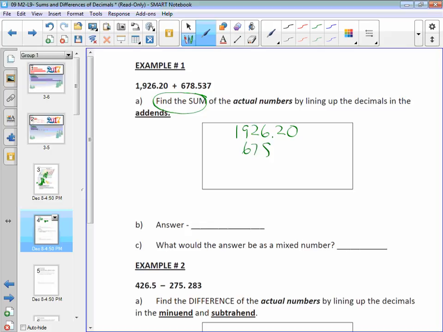When I add it. See how I lined up my decimal? Any place where you don't see a digit, we're going to fill it up with a 0. I say, fill the empty nest with an egg.